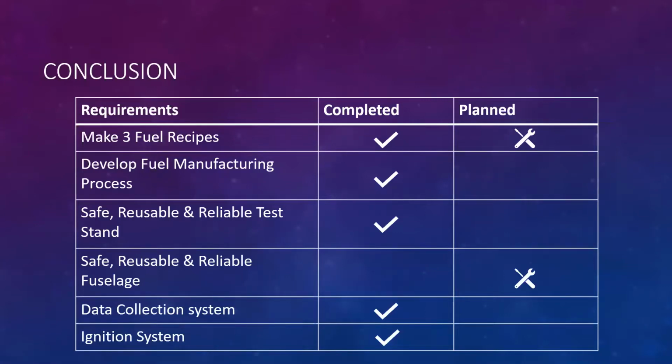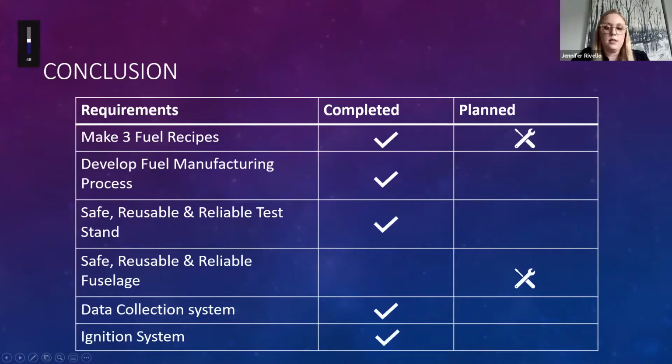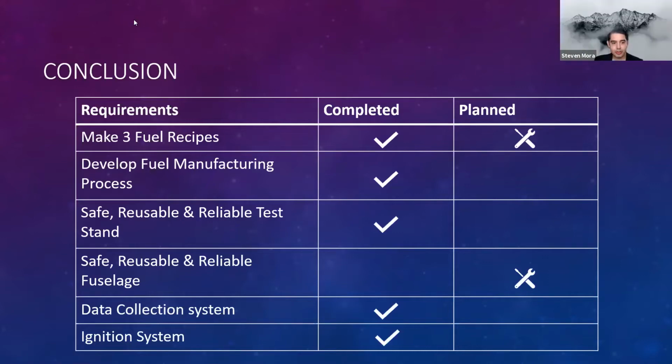Just to recap a little summary of our project, we were able to make 3 propellants at school, and hopefully this week we can complete 2 more, and hopefully we will be able to static fire test them sometime in the next few weeks. In regards to the test stand and the fuselage team, we were able to develop a safe, reusable, and reliable test stand. This test stand will be proven during the static fire testing, once the manufacturing has been completed.